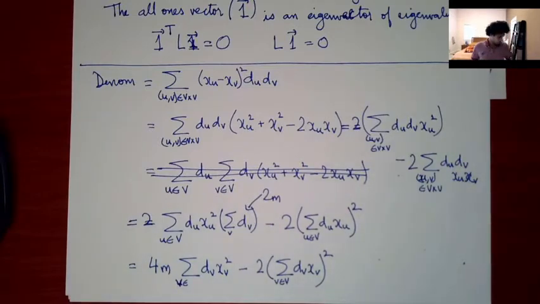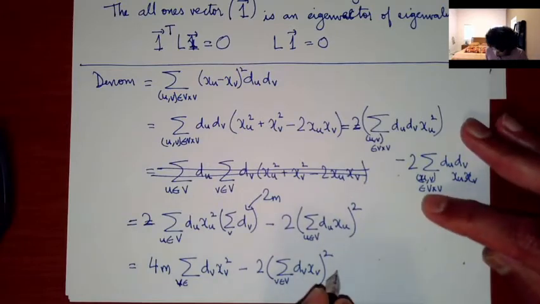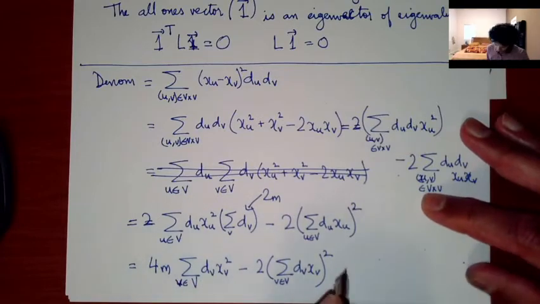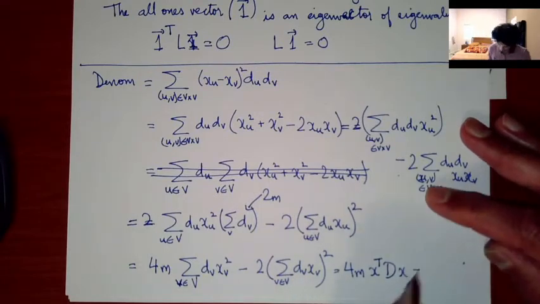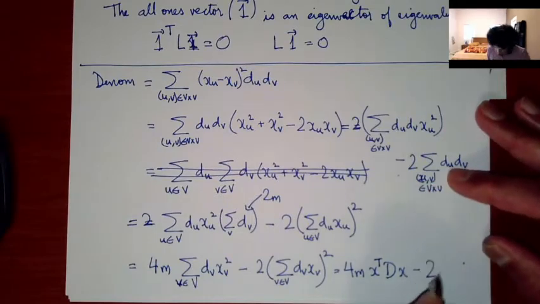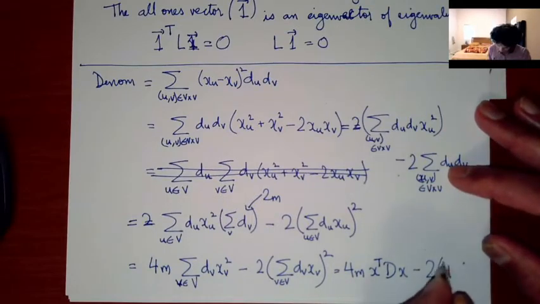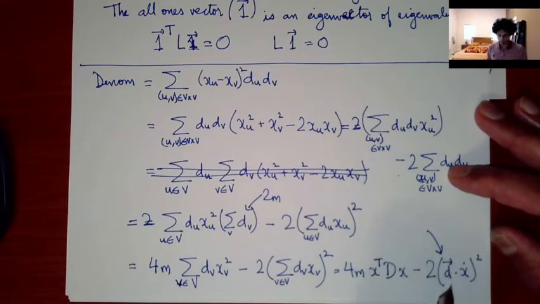Okay, so are there any questions about this point? Okay, I'm going to simplify this further by one more step. If I look at this, you can see that this is exactly the quadratic form x transpose Dx minus 2 times d dot x squared, where d is actually the vector of degrees.